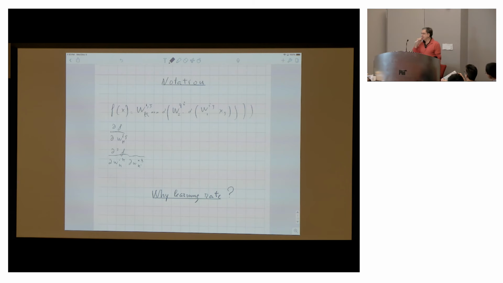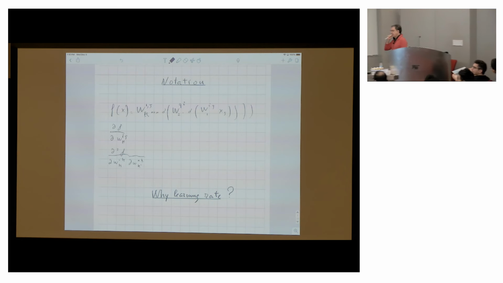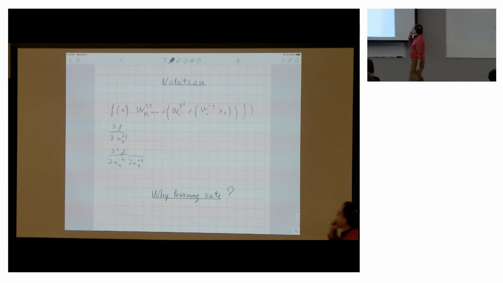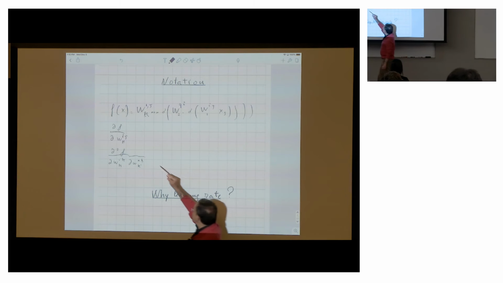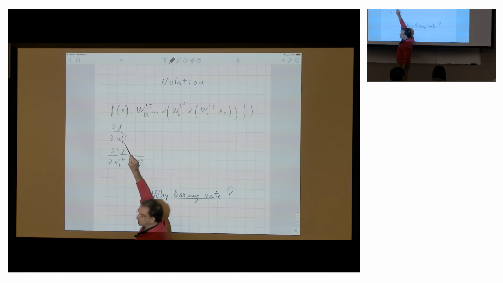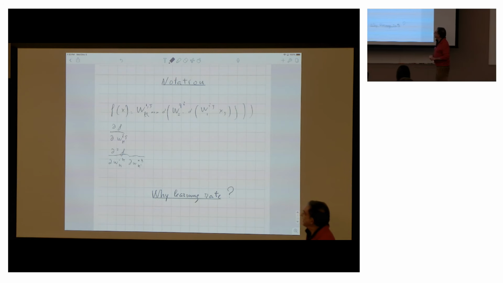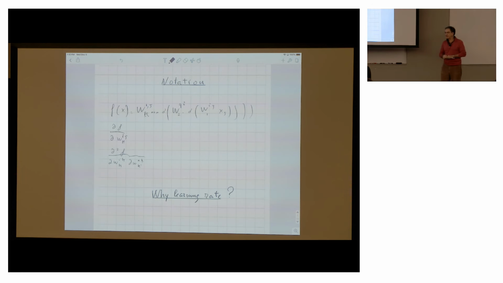Do you see, when you take a derivative with respect to layer k, or the vector of derivatives with respect to layer k, that function does not depend on the weights of layer k anymore.